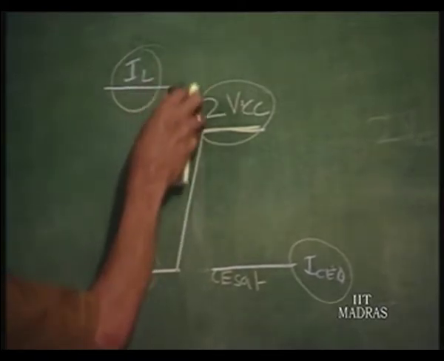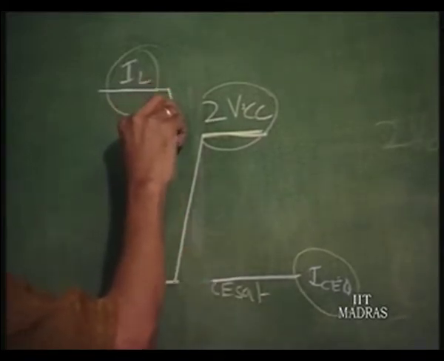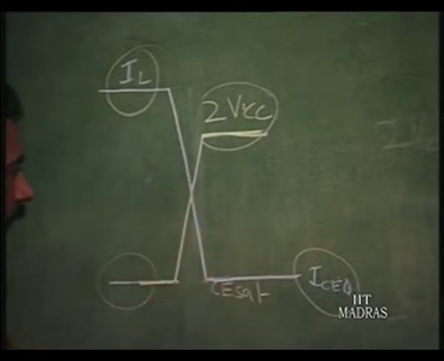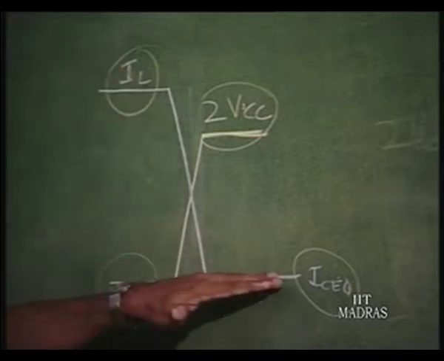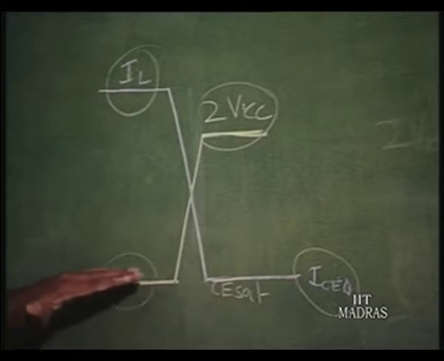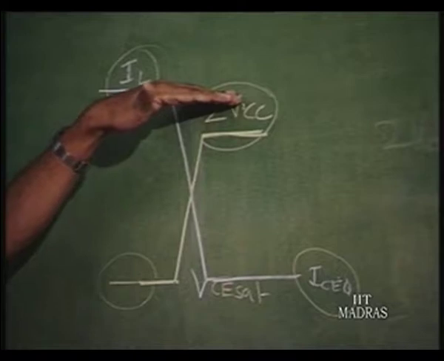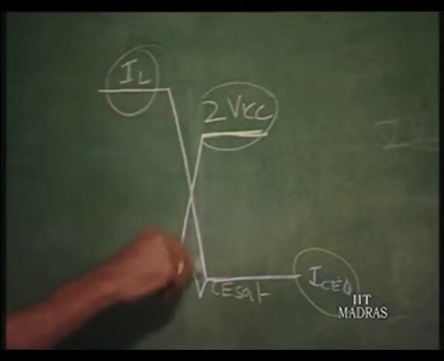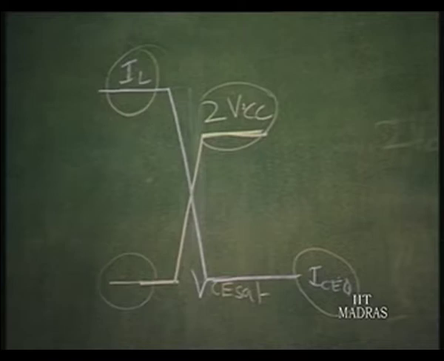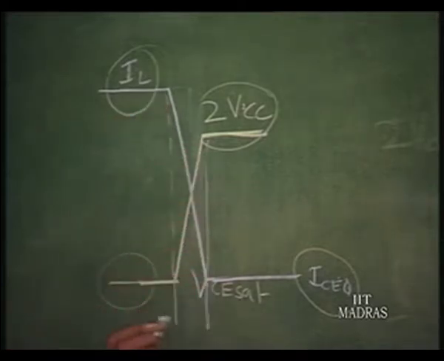In such a situation, we can assume it is linear. Going from on to off, current goes from full to almost 0 and the voltage goes from VC sat to twice Vcc, moving linearly. This is the rise time or fall time.